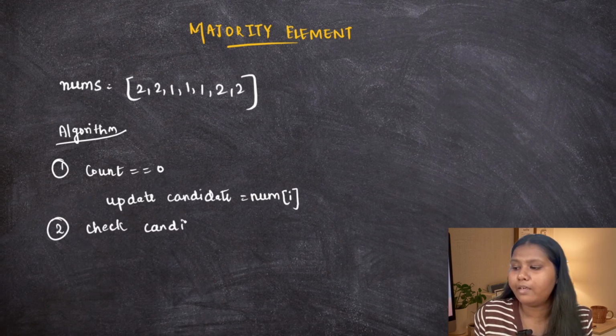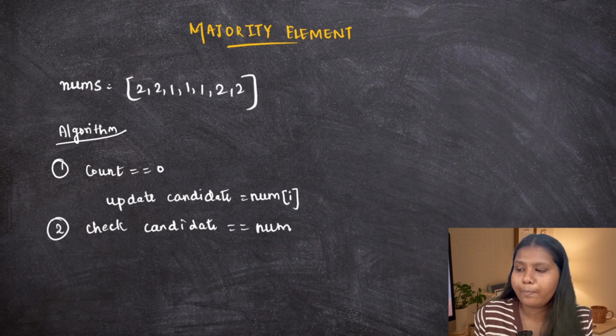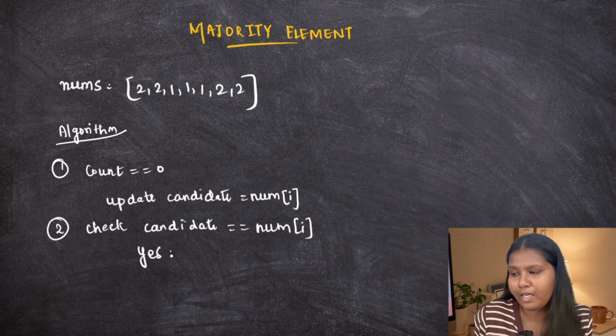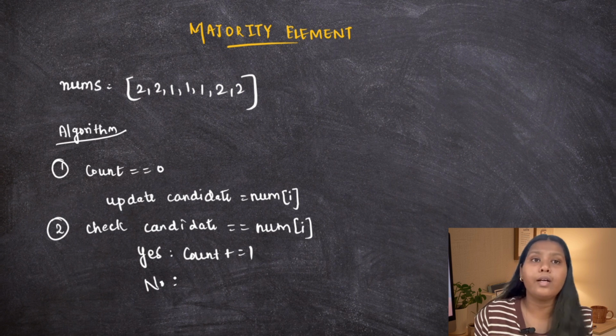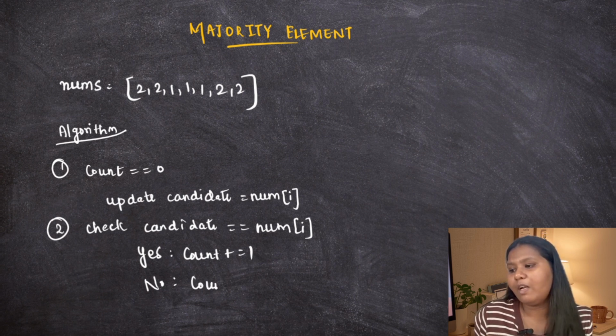if candidate is equal to that number. If yes, that is candidate is equal to that number, then increment the value of count. No, if candidate is not equal to the current number which you will be traversing at that time, then decrement the value of count.